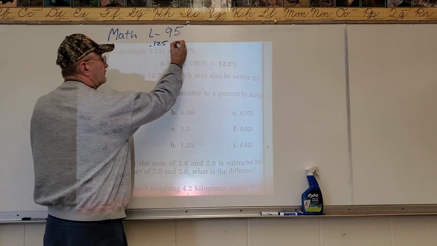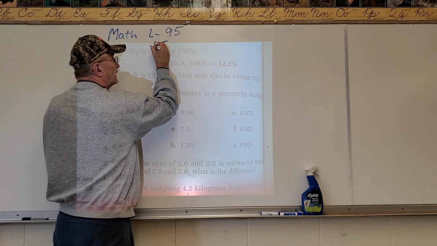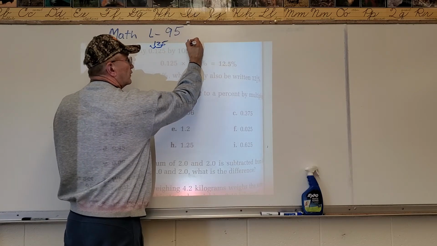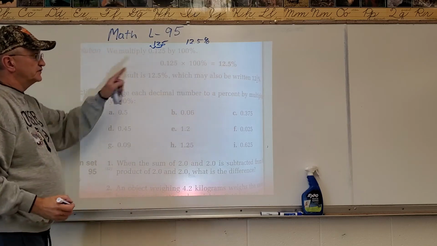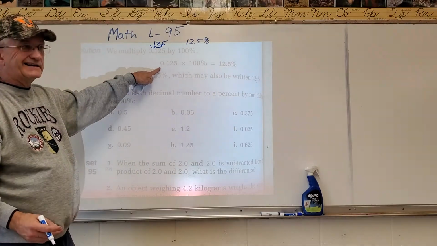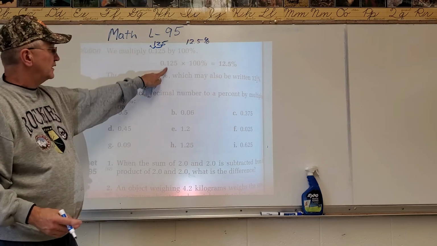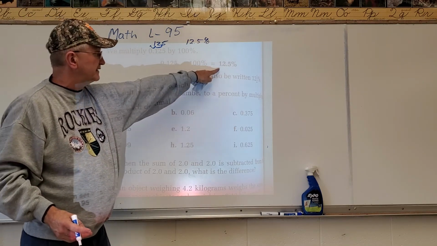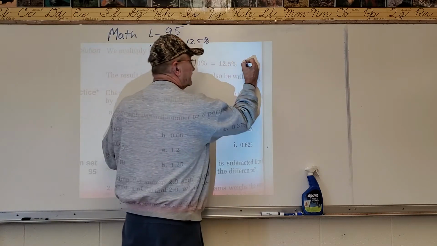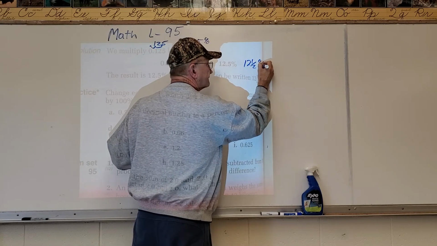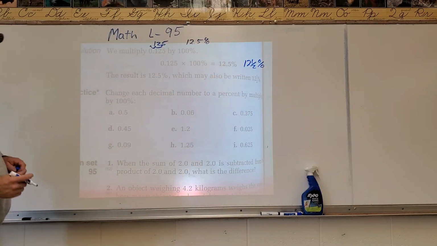So I'm going to move it over 2 places, 1, 2, put my decimal in, so I have 12.5, bring my percent sign in, 12.5%. If I got out a calculator, it would show me the same thing: 0.125 times 100% equals 12.5%. It can also be written a second way, as 12.5 percent. Those are 2 ways that it can be written. Again, change to a percent by multiplying by 100 or moving the decimal.